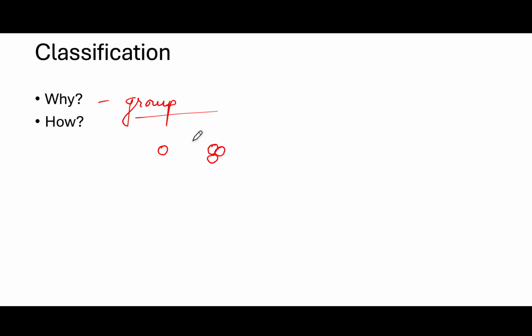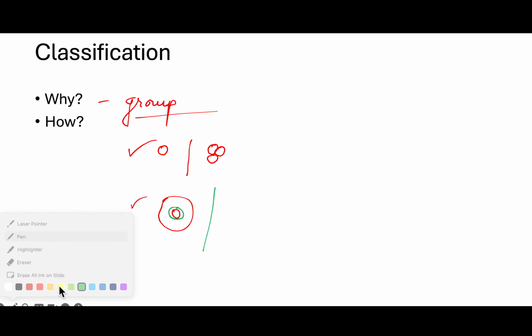So this can be one criterion. A second criterion may be whether an organism has a nucleus which is covered by a membrane, and another organism whose nucleus is not covered by any membrane, right? So this could be a criterion of classification.